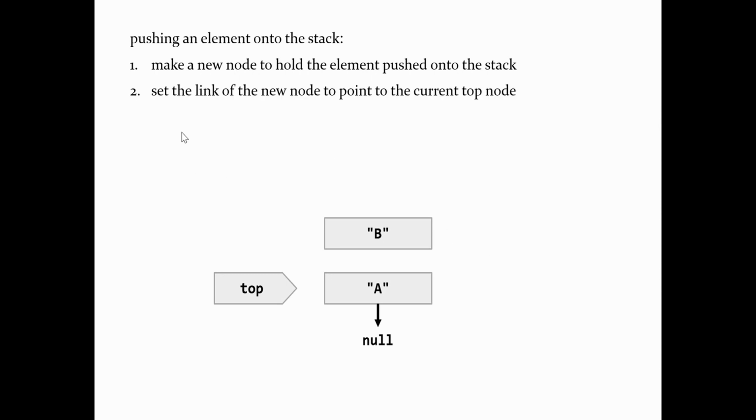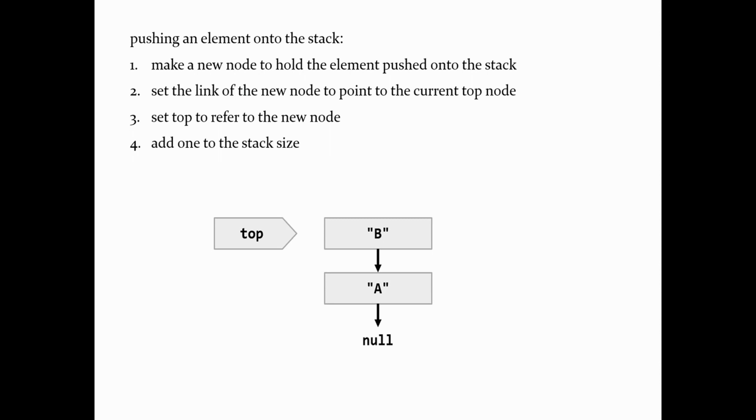So I set the next field of the new node to point at the current top node. Then you adjust the top of the stack to point at the new node, and then we add 1 to the stack size. That's easy to do too.